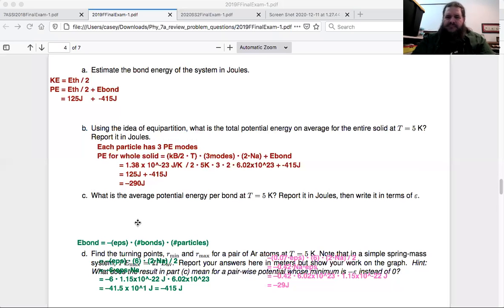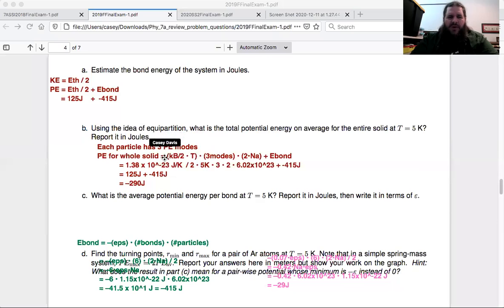Yeah, really quick. I have the equation for thermal energy in my notes as 1/2 kBT times the total number of modes. Would you divide that by 2 in this equation to get thermal energy over 2 plus bond energy? Yes, although we kind of already did that by using just 3 modes instead of 6 modes, because each particle has 6 modes: 3 translational and 3 potential.